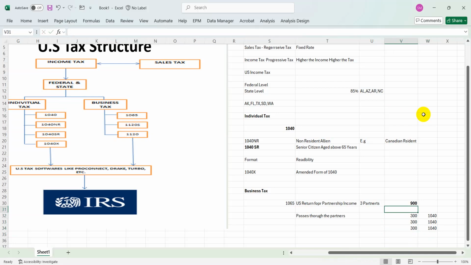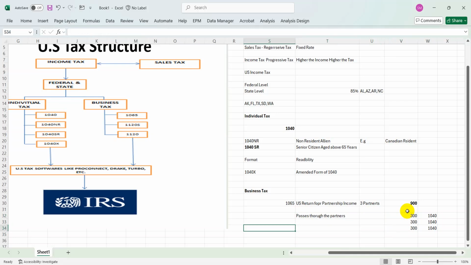So there will be no tax on this $900. This form is only used to report the income of the partnership, not the tax. The tax will only be calculated at the individual level on $300. Each partner will report this in their individual tax return, and at that level the $300 will be taxed whatever the percentage applied.